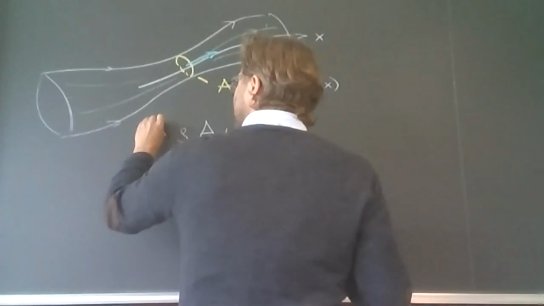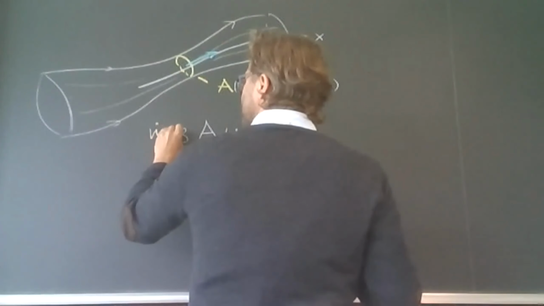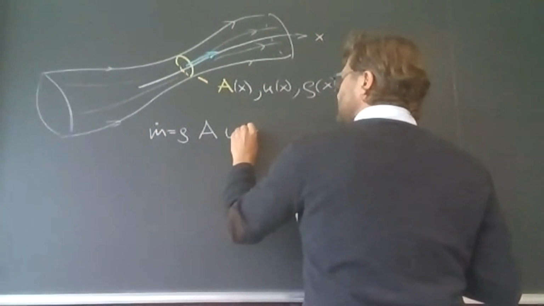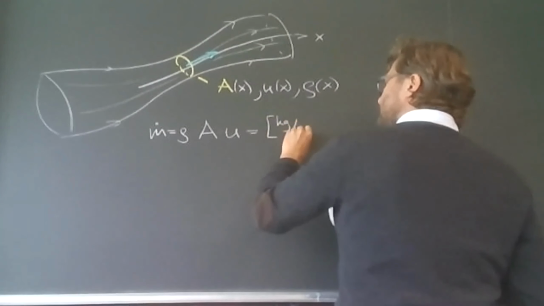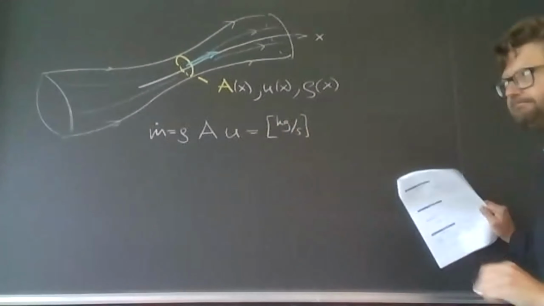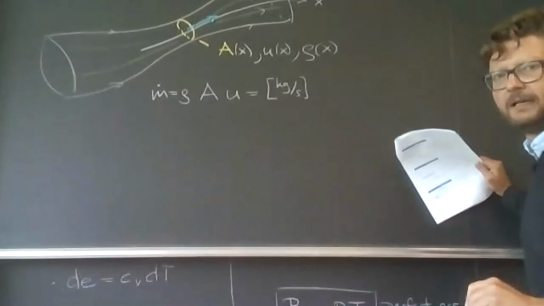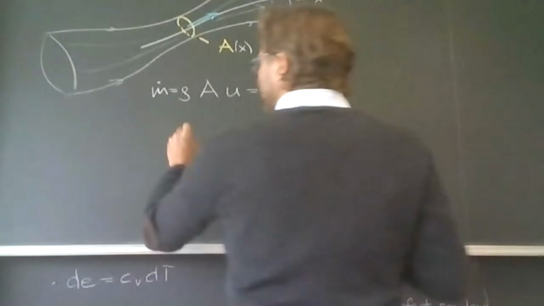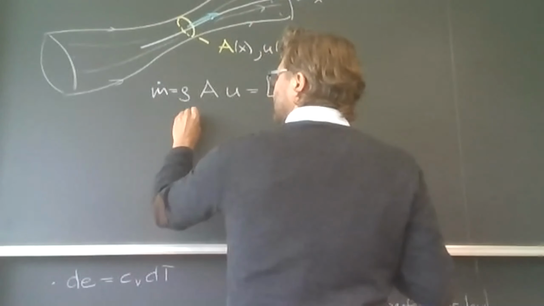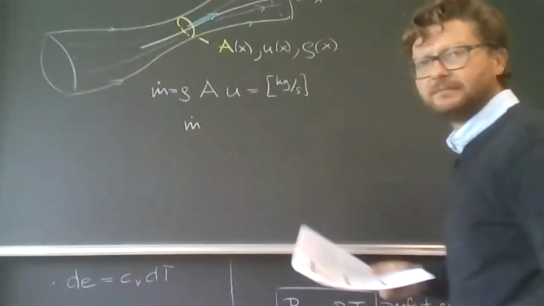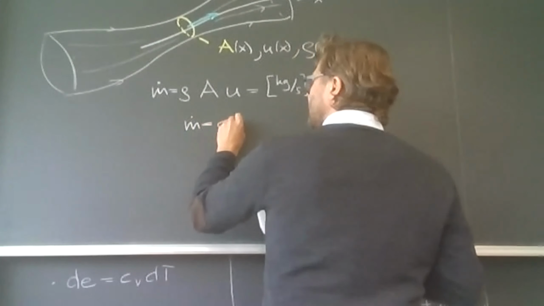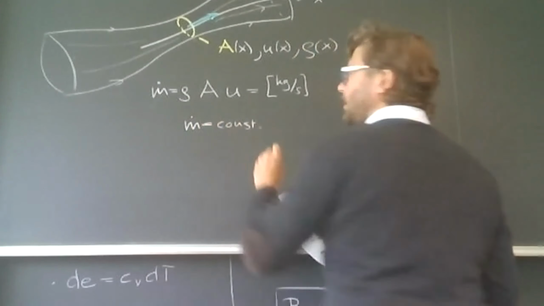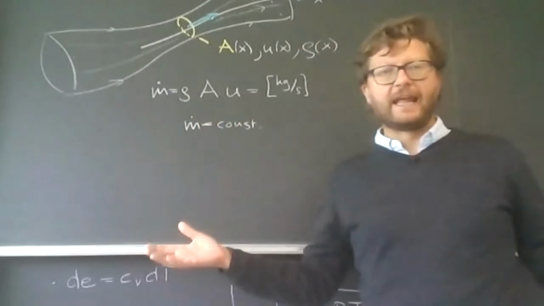I'm calling this m dot, the mass flow rate, with units of kilograms per second. And I think it should be intuitively clear that the mass flow rate should be a constant, right? We should not lose any mass.